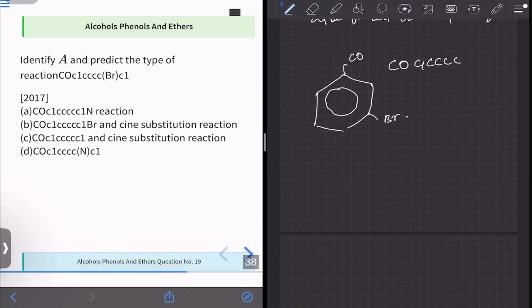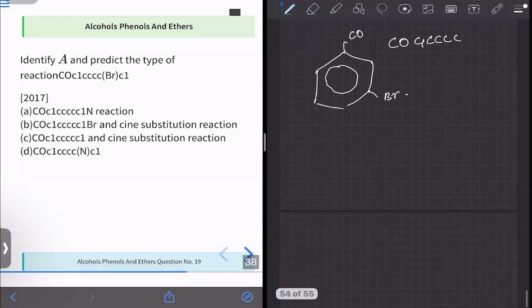See, they're asking what will happen after this. It is an aryne reaction where the OCH3 compound reacts with NaNH2.